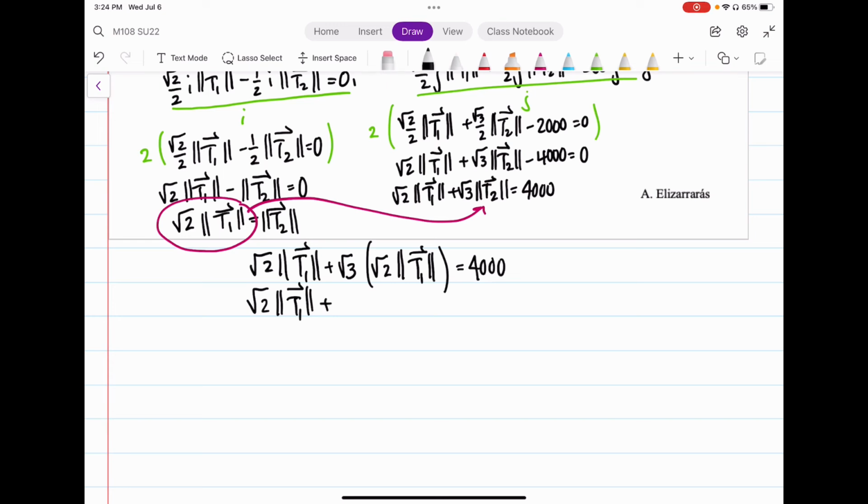Root 3 times root 2 is root 6, which then gives me root 2 times the magnitude of T1 plus root 6 times the magnitude of T1 is equal to 4000.